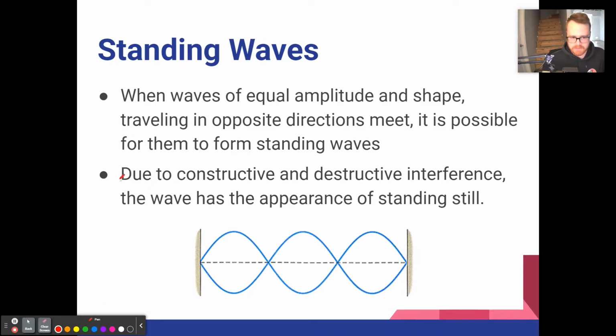Like it says here, due to destructive and constructive interference, the wave has the appearance of standing still. I know this looks weird. You're probably thinking, wait a minute, how does that work? How could we have a wave that looks like this?